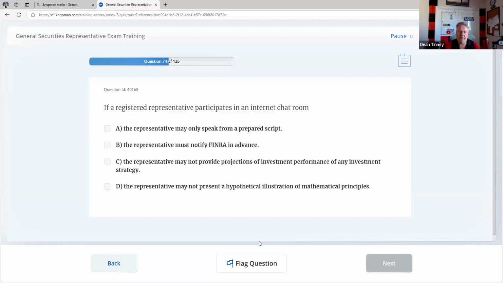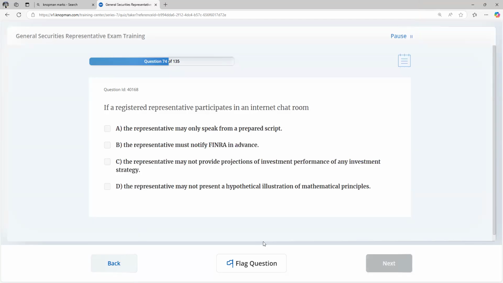If a registered rep participates in an internet chat room, the representative may not present a hypothetical illustration of math. If they're in a chat room, the only thing I know is that it could be defined as retail communication.